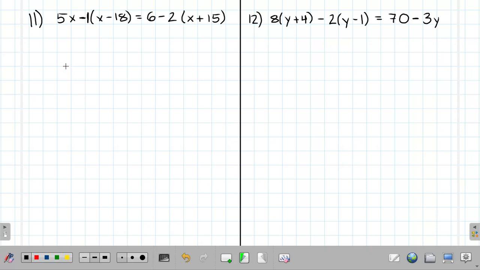So what that means for us is when we write this as a sum, it shows us what we're going to actually be distributing here on the left side is a negative 1. And then on this side, the same kind of thing, except it's going to be a negative 2.